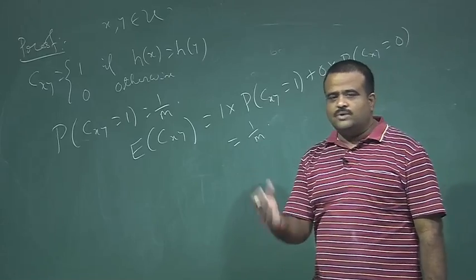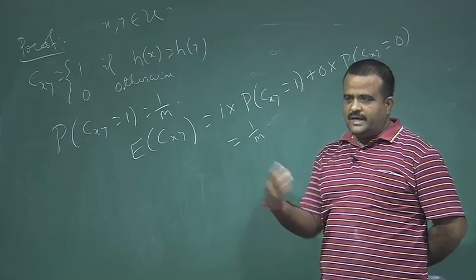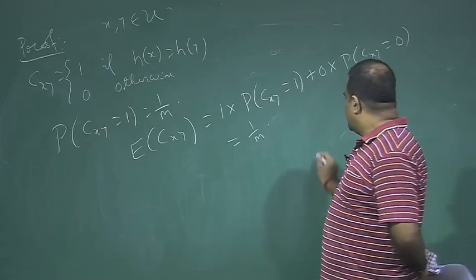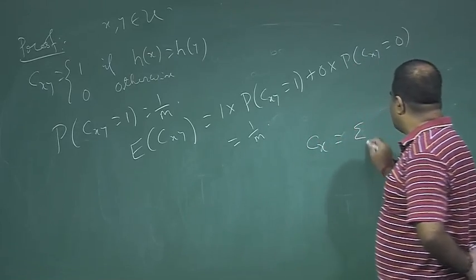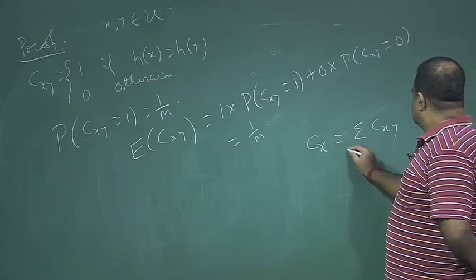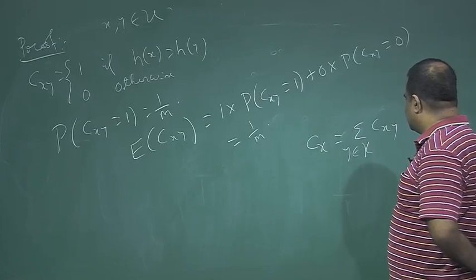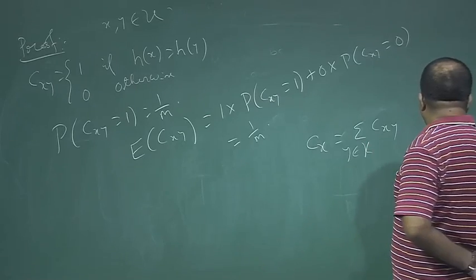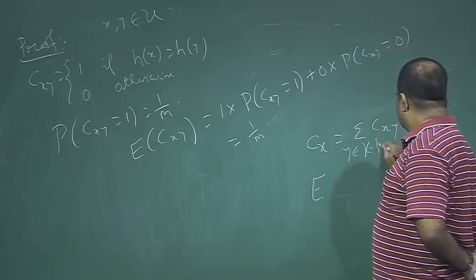Okay. Now, for a given x, we are looking for the expected number of keys colliding with x. That we denote by C of x, the number of keys colliding with x. That is nothing but the sum of C x y, where y belongs to the key space whose size is n, so n minus 1 keys other than x.